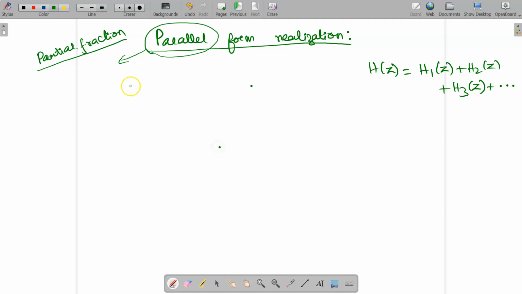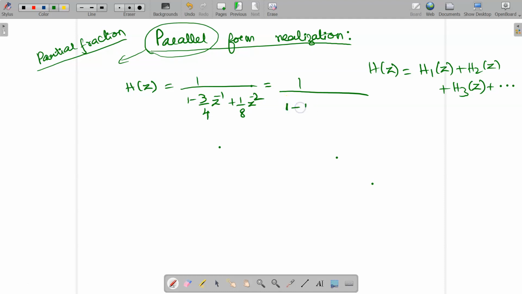So what is the given h of z? Already we have defined the h of z. It is 1 by 1 minus 3 by 4 z inverse plus 1 by 8 z power minus 2. And we have obtained the factors also, right? So the numerator is the same, it is 1, and the denominator we can write as 1 minus 1 by 2 z inverse, or we can write 1 minus 0.5 z inverse, right?